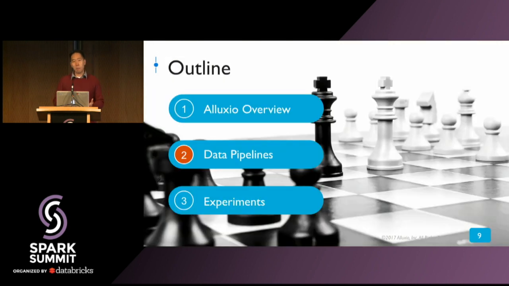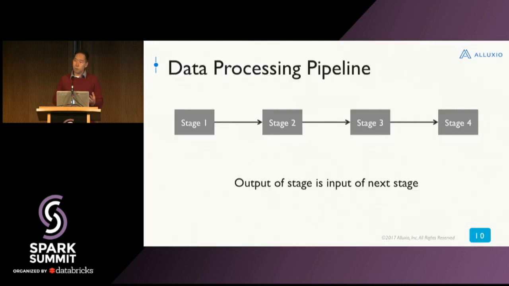So next, I'll talk about data pipelines in the cloud and how Alluxio can provide benefits for data pipelines. For the purposes of this talk, this is the type of data pipeline I'll be talking about. Essentially, there are different stages of the pipeline, and the output of one stage is the input for the next stage.